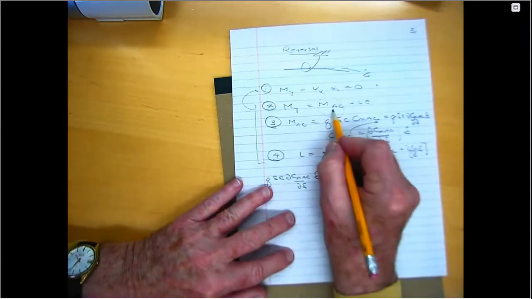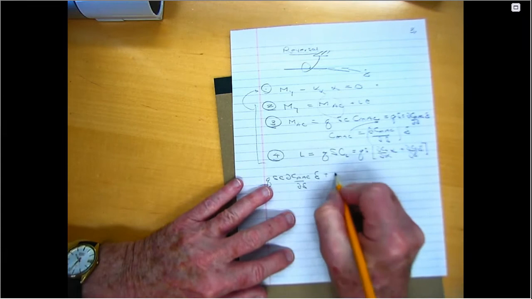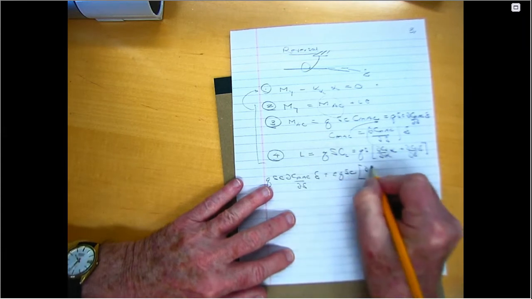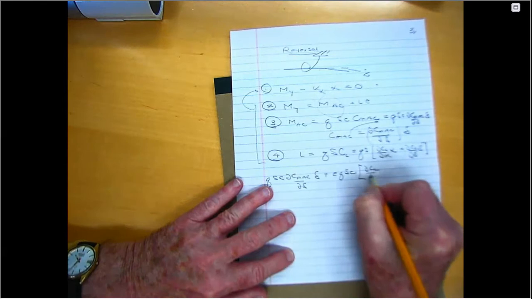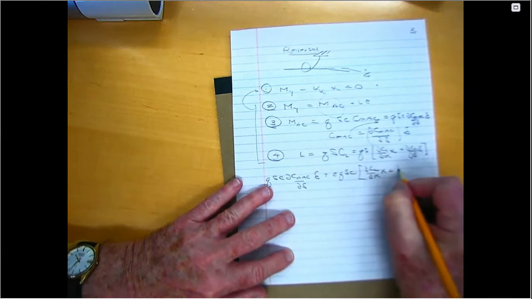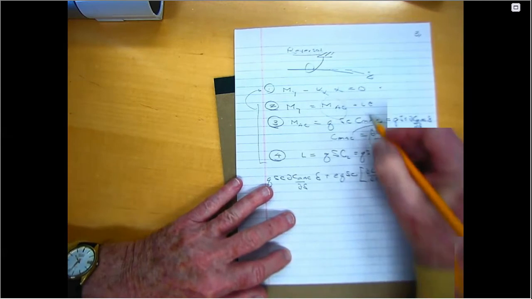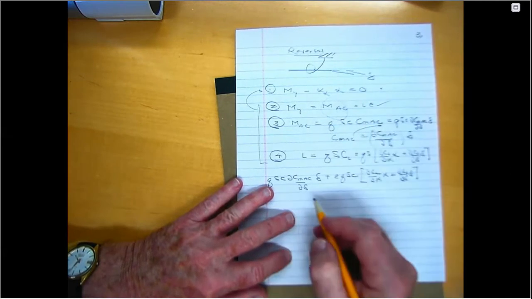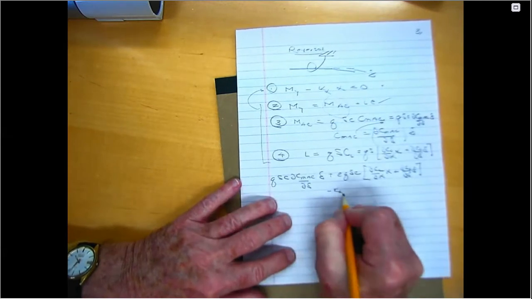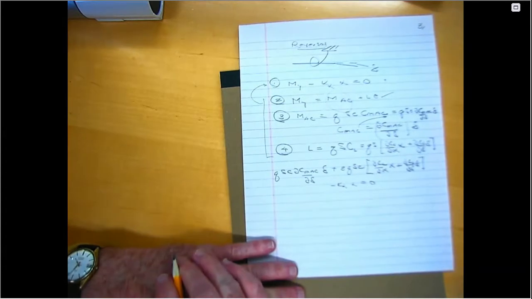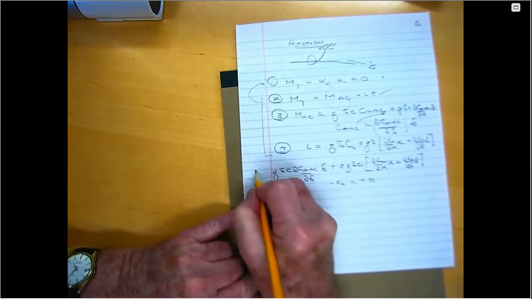That's this term, plus E times QSC times (dCL d alpha times alpha plus dCL d delta times delta). That's this term, minus K alpha times alpha is equal to 0. Right? So that's equation 5.